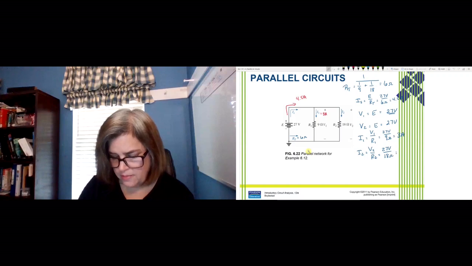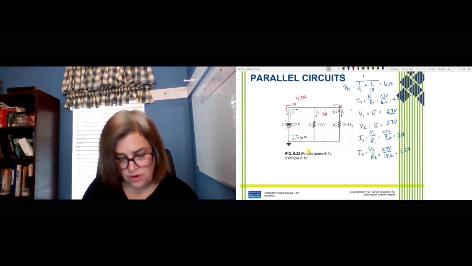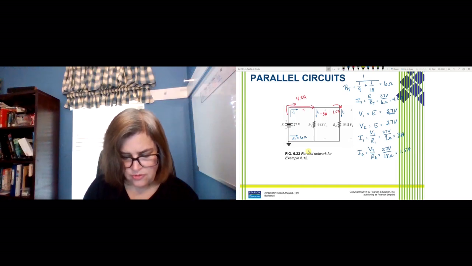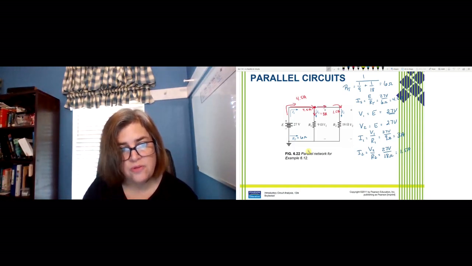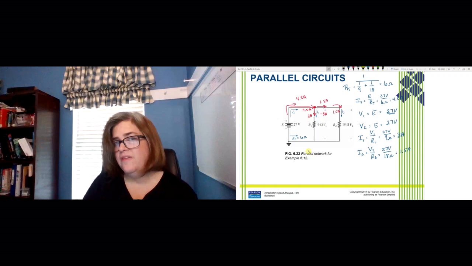So that's going to be about 1.5 amps of current there, going this way. So if you notice, we have 4.5 amps coming into this junction right here, where some of our current will go this way and some of our current will go this way to the right. So if we have 3 amps going this way and 1.5 amps going this way, that makes sense, right?